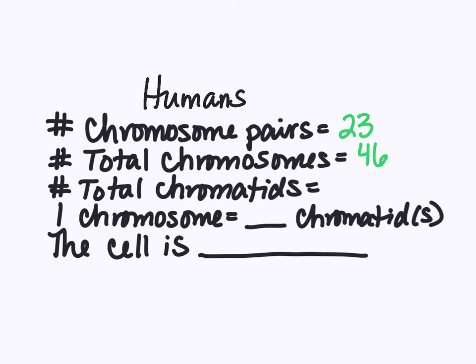However, the key difference at this point is we now have 92 total chromatids, because each chromosome is now made up of 2 sister chromatids that are attached to each other. Now remember, we still have pairs present, which means we still have homologous chromosomes, and if we have paired homologous chromosomes, it means that the cell is diploid.